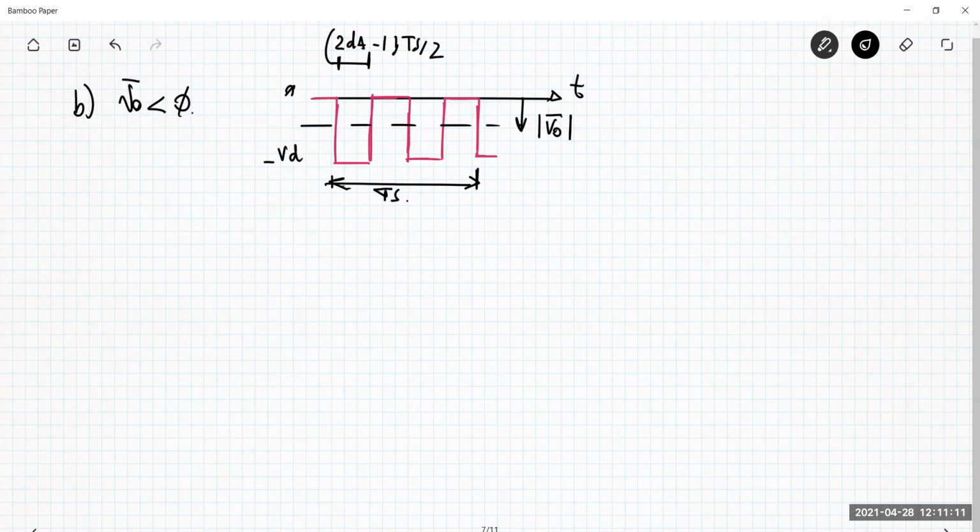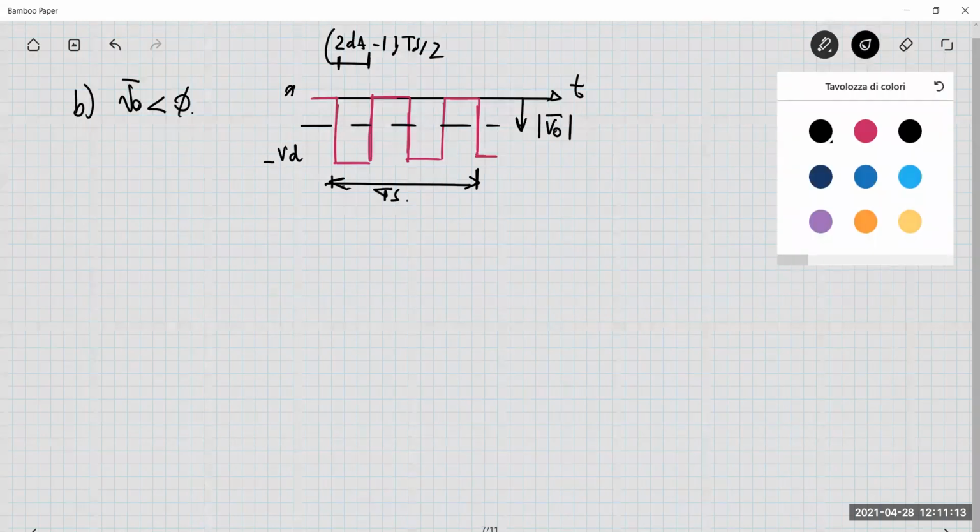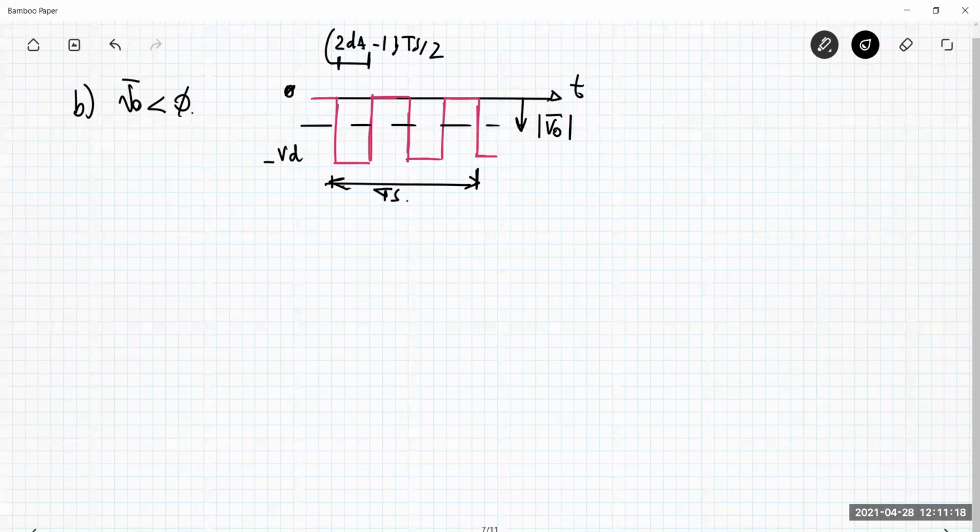Okay. How can we get the current? The current I naught can be obtained by taking into account just the AC component of the waveform, so the overall V naught as a function of t subtracted by the average value.